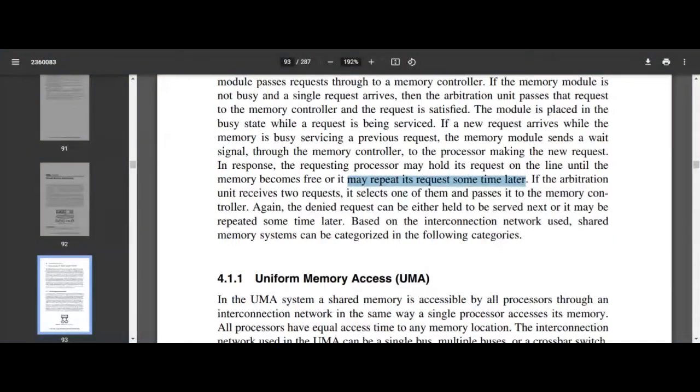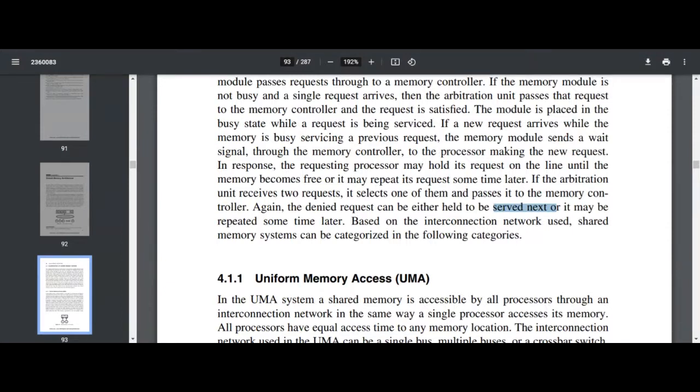If an arbitration unit receives two requests at the same time, it can select one of them and pass it to the memory controller. Again, the denied request can either be held to be serviced next, or it may be repeated at some later time. Service next means it is scheduling the processor to be serviced just next, like making a queue.